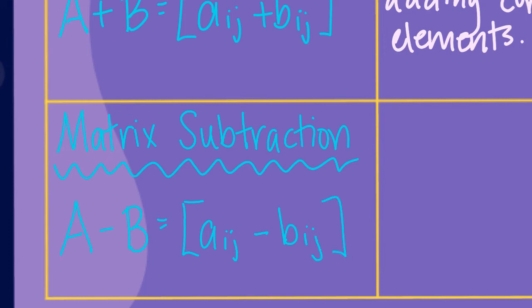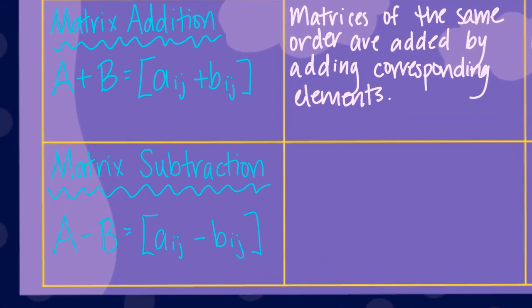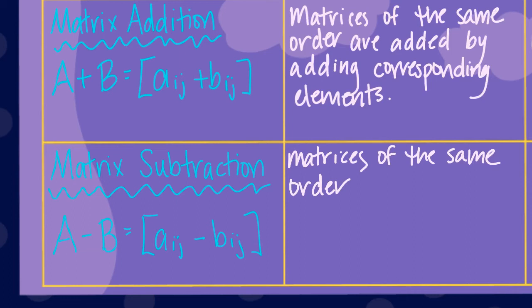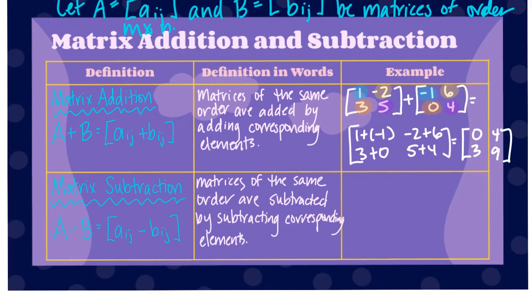So once again, all that really means is that matrices of the same order are subtracted by subtracting corresponding elements. So let's take a look at an example.